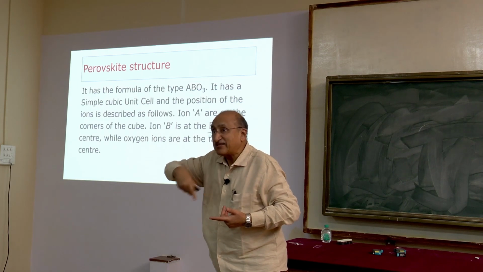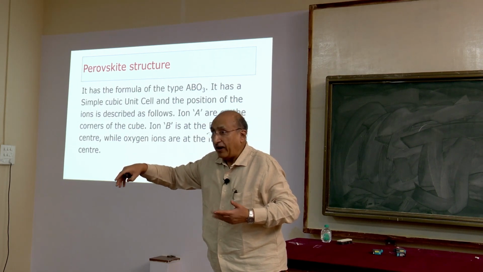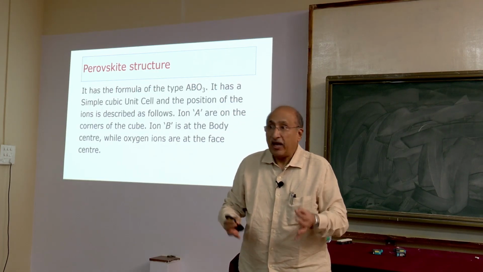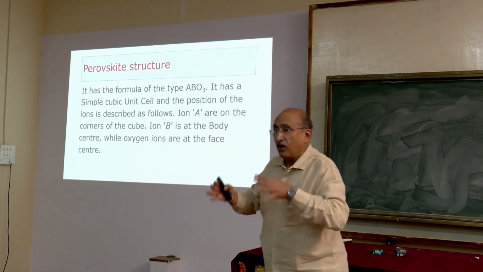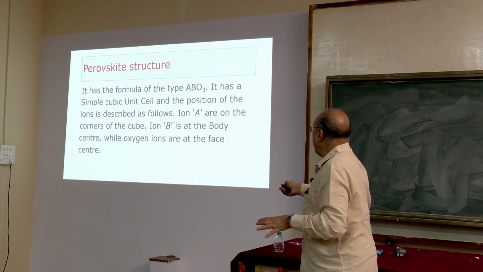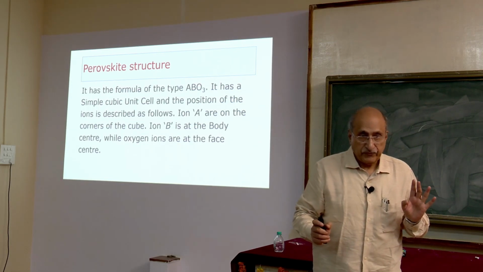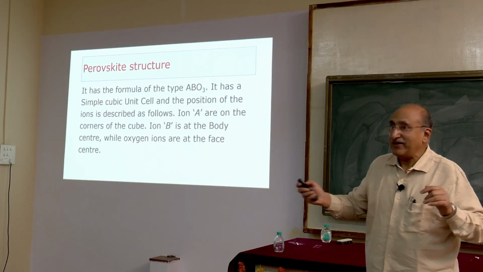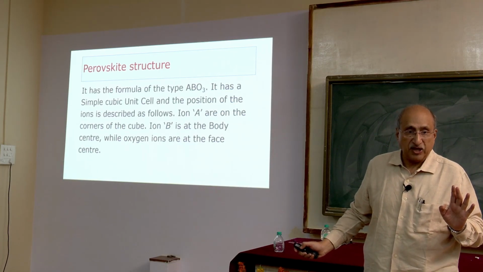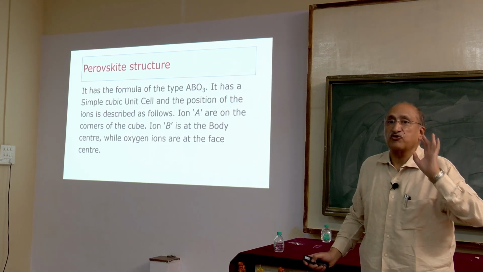So effectively of the 6, only half of them are included in this room. So there are overall 3 oxygen ions within this cell, ABO3. All right, it satisfies this condition ABO3 by this structure. This is how the atoms are distributed in the perovskite structure.